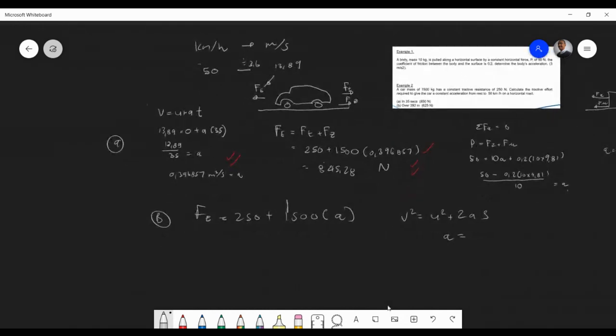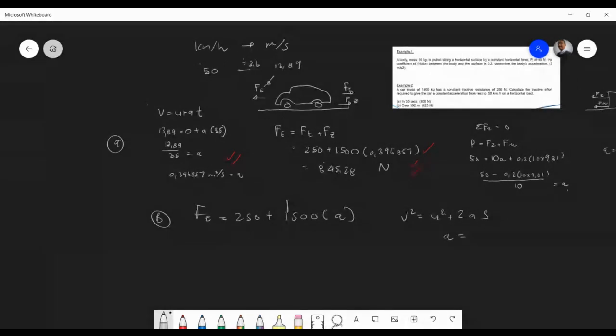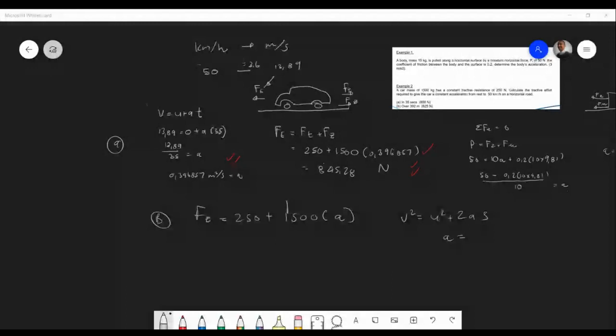So what is my new acceleration? I get 0.246.